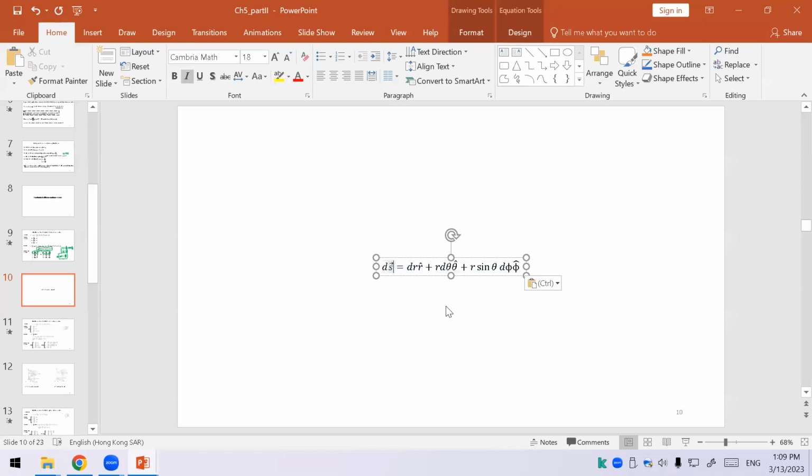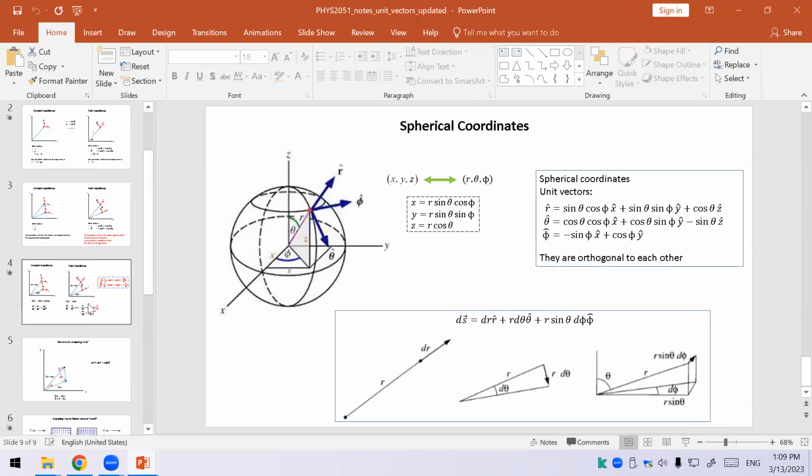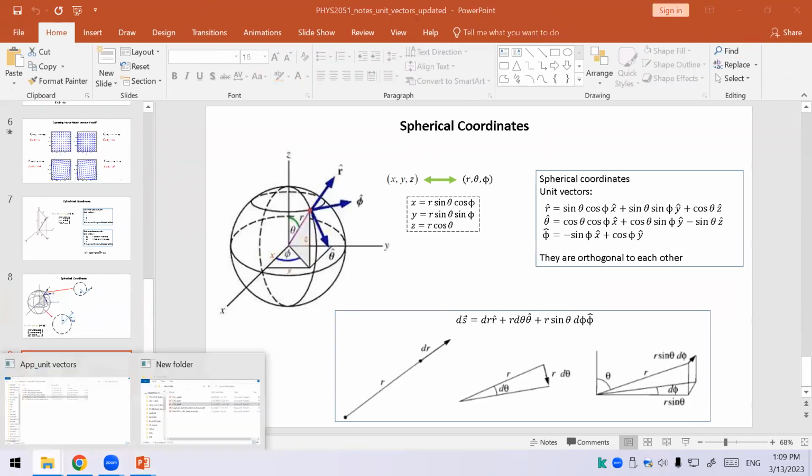So this is the differential element for the vectors in the spherical coordinates, first of all. Okay, let me try to see if I can get the picture.